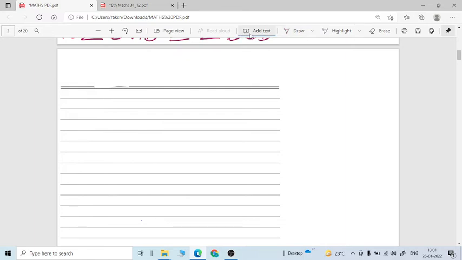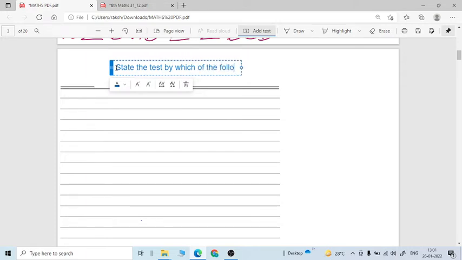State the test by which the following triangles are congruent.